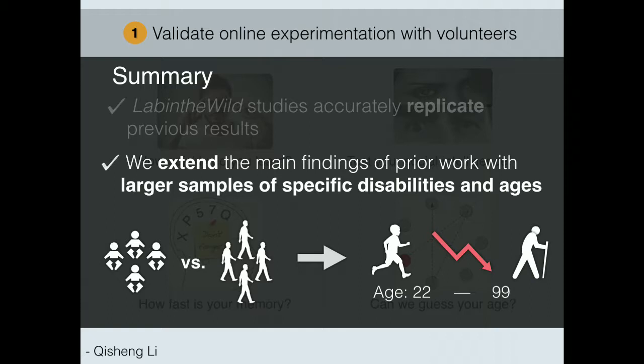So we not only show that the age-related decline is true, but also extended to show that it's true for a much wider age range. So now we show that we are able to replicate and even extend the previous work.